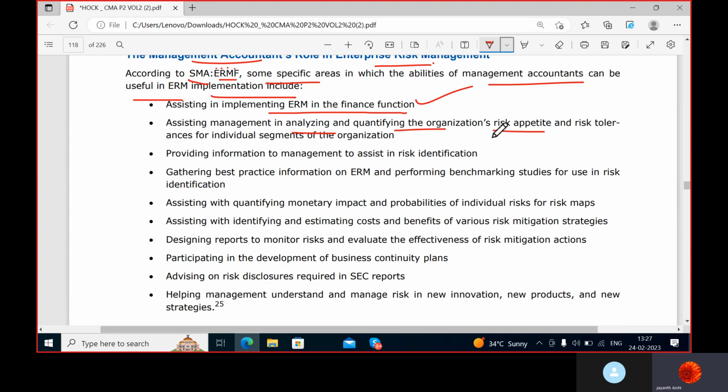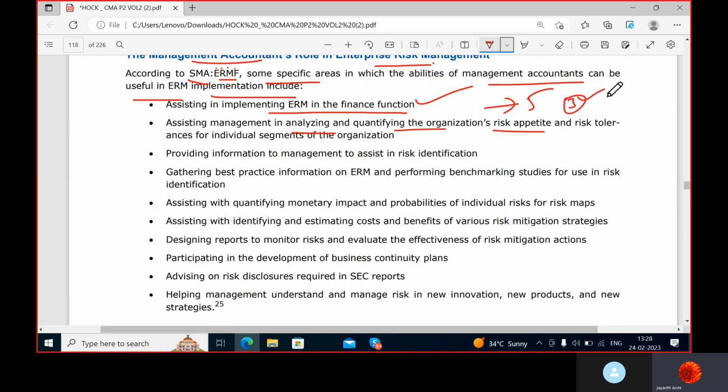Now, assisting management in analyzing and quantifying the organization's risk appetite. They would study the risk appetite of the company, what level of risk the company has the hunger for, and how much it can tolerate. We have already seen what appetite is. Appetite is like I can eat 5 chapatis. That is my capacity. But every time I can't eat that. In summer days I may eat only 3. That's my tolerance level.